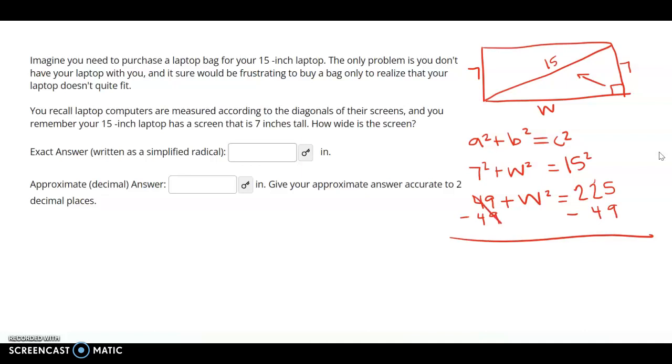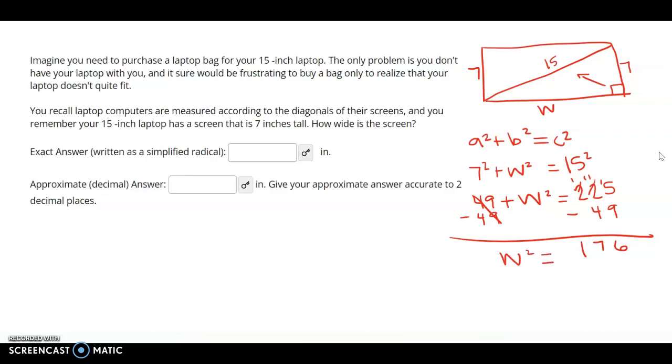Okay, so we get, let's borrow here, 15 minus 9 is 6. We can't do 1 minus 4, so we'll borrow again. 11 minus 4 is 7, and then 1, there we just have 176. So now we have w squared equals 176.